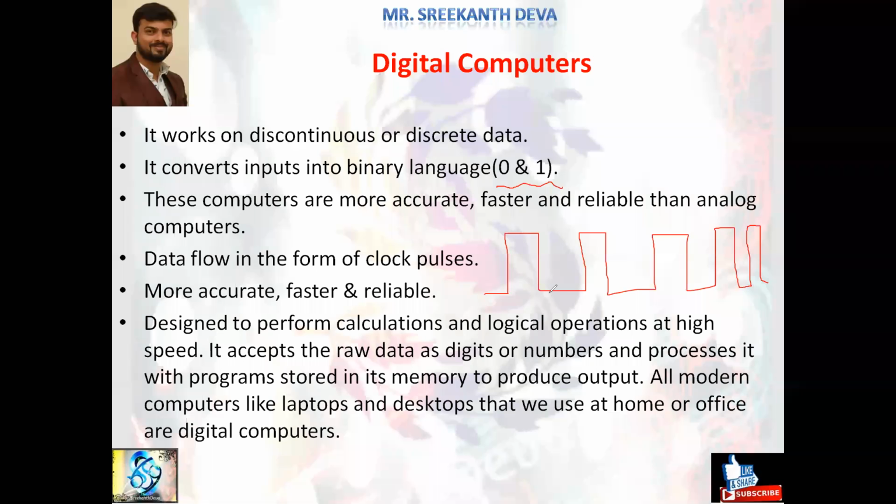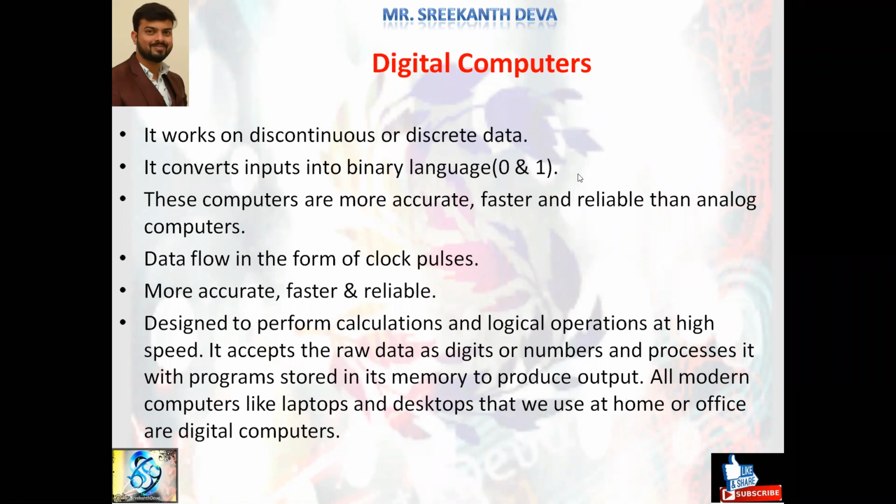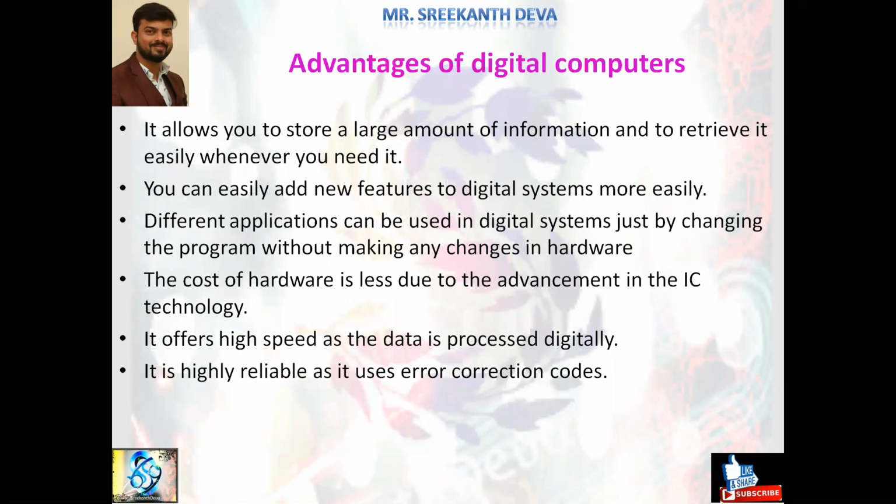That comes under raw data along with programs, and it is stored in memory. After processing it, it generates output or information. All modern computers like microcomputers, mini computers, laptops and desktop computers belong to digital computers only. This is what I explained about digital computers, size wise, purpose wise and function wise.